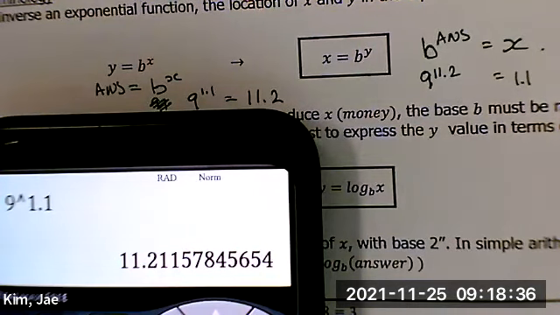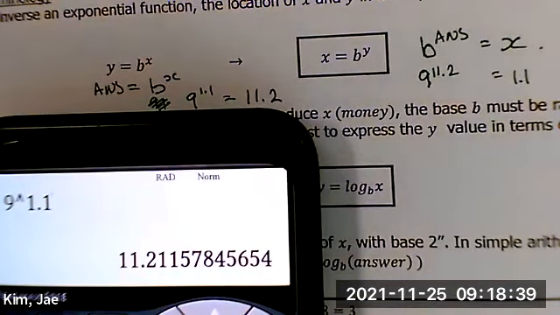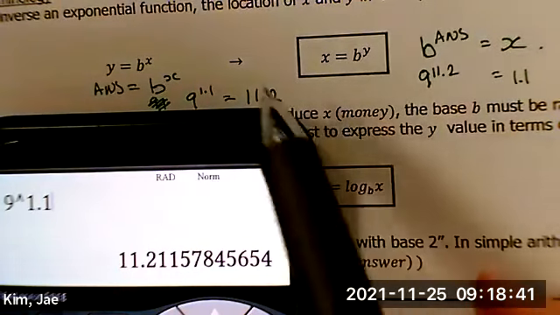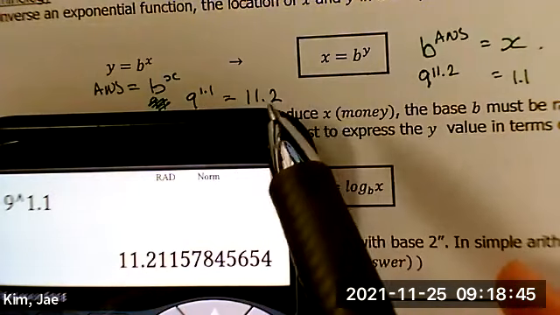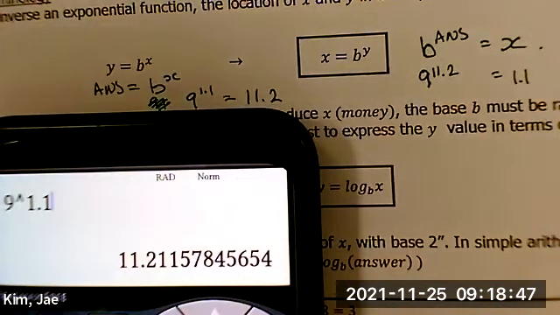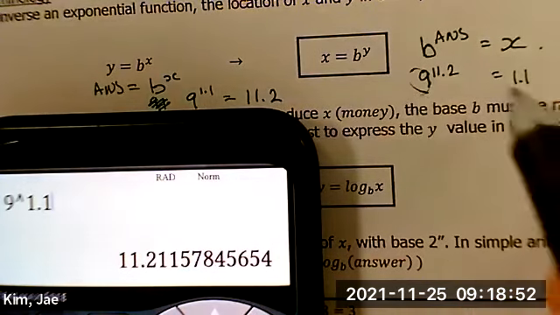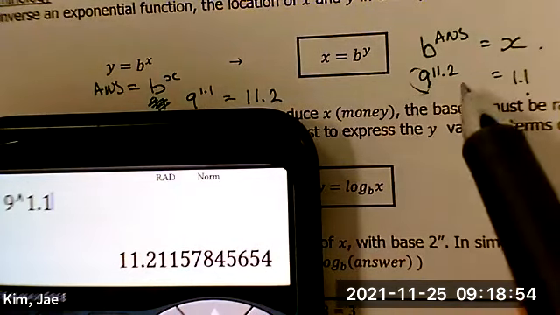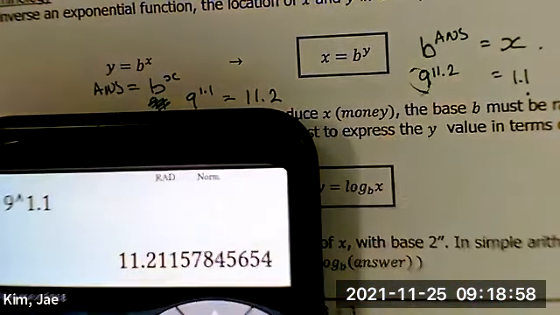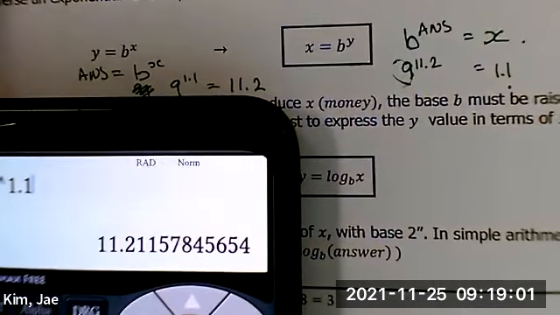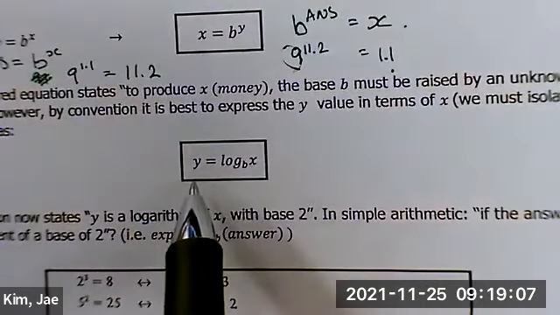For logarithms, it's not as simple as just switching the order of the numbers and then doing some algebra to simplify it. There's nothing that we can do with a 9 and 1.1 to give you 11.2 other than this exponent here. What I'm trying to get at is, if we want to do an inverse of an exponent, we have to introduce a new system, and that is where we have logarithms.